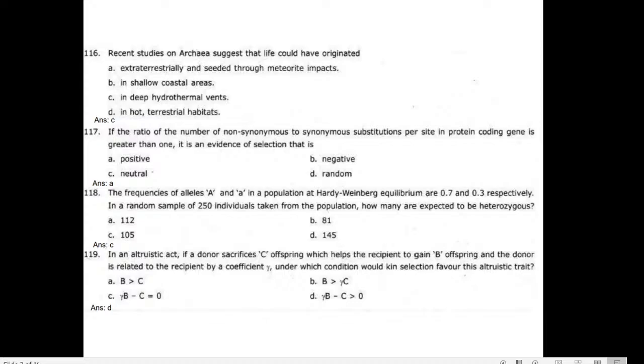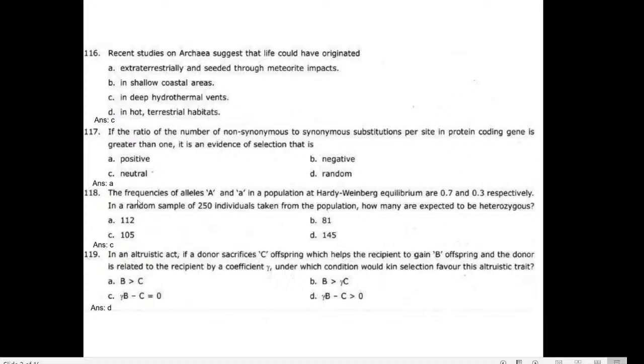If the ratio is less than 1, it is negative selection. So there are two things we want to understand: greater than 1 is positive, less than 1 is negative. If both are equal, it is neutral. These are the things we want to know for this kind of question.